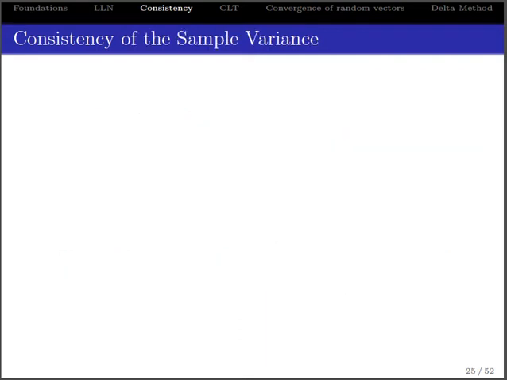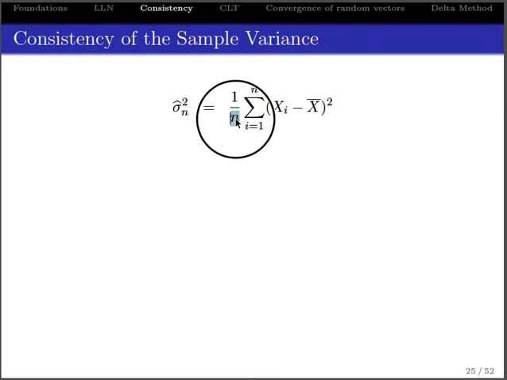As an example, consider the consistency of the sample variance. Let's define sigma hat squared n, the estimate of a variance as a sample variance. And if you don't mind, I'd like to divide by n instead of n minus 1 because I don't care if it's unbiased, and you'll see that with an n in the denominator, we get things that look like sample means.